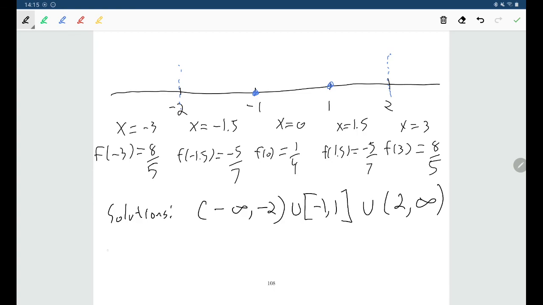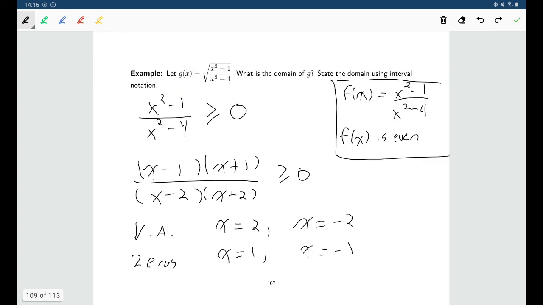So that means then that the domain for g of x is exactly what we had up above. Because remember that when we tried to solve where this rational expression is greater than or equal to 0, that's asking the question of where is this function, the root of that rational expression, defined?